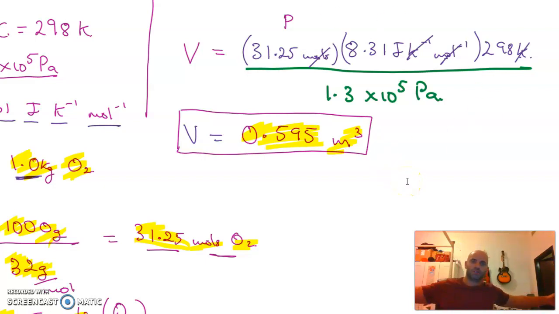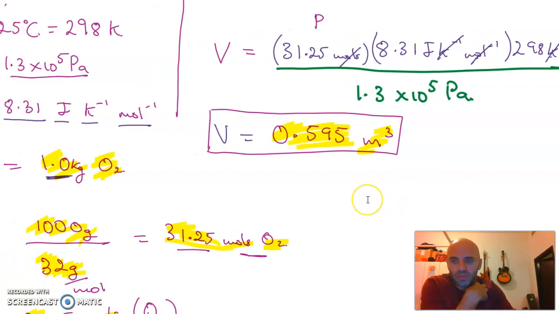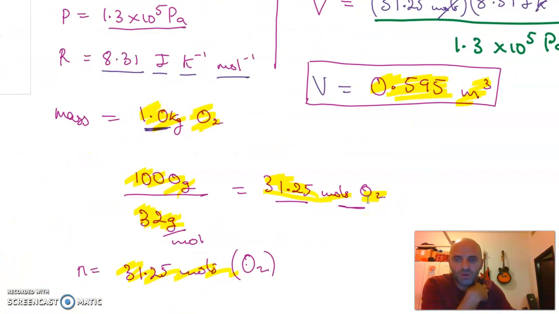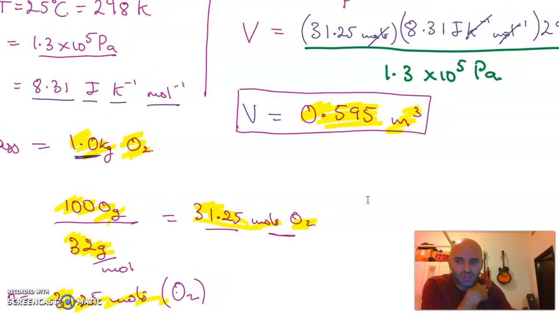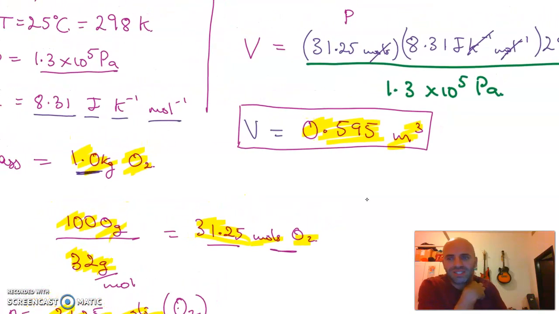It's a meter times about 0.59 or 0.6, so about 2 foot high by a meter by a meter. So that is the volume that 31.25 moles or 1 kilogram of oxygen should take up. And of course that's at a slightly higher pressure than normal atmospheric pressure, so that's 1.3 by 10 to the 5 pascals, a good bit higher than normal atmospheric pressure.